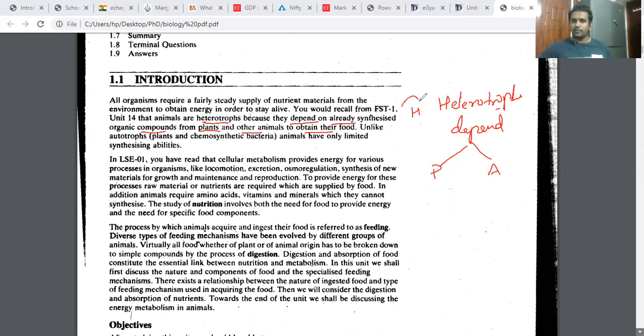Human beings eat plants like palak, spinach, bitter gourd, etc., and human beings also eat animals like sheep, goat, chicken, etc. So heterotrophs derive their food from plants and also from animals. That is what is written here. Whereas phototrophs have the God-gifted ability to synthesize their own food. That we have already learned.